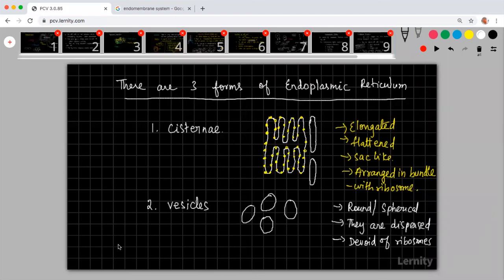The third one is tubules. The tubules will be like this.